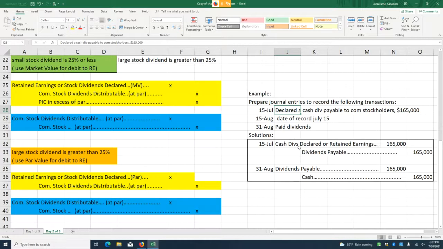Okay, so now let's take a look at QS 13-7, the very next question. Let's write an example.